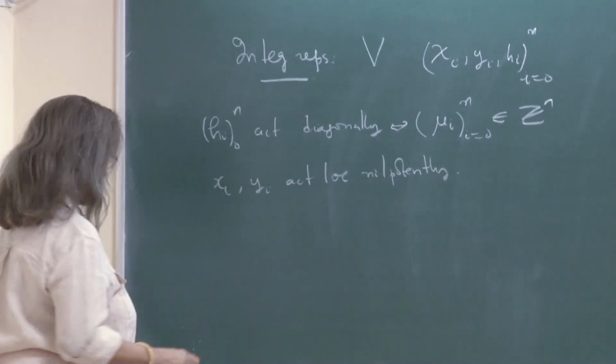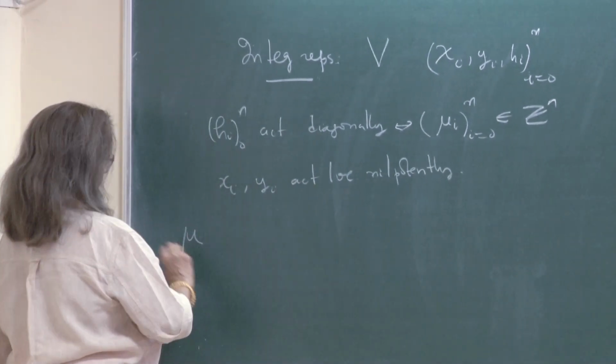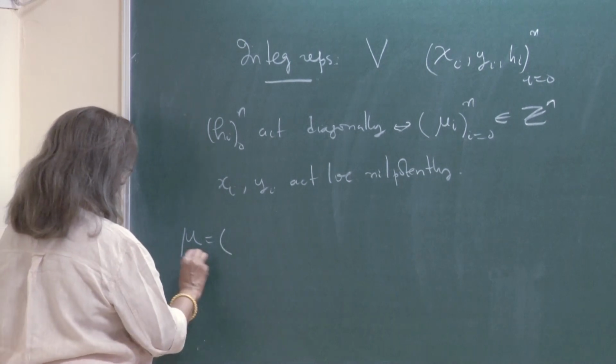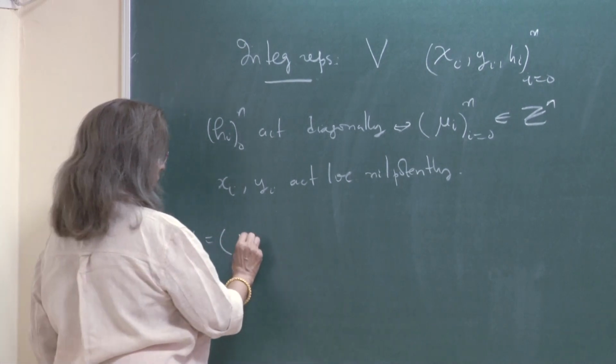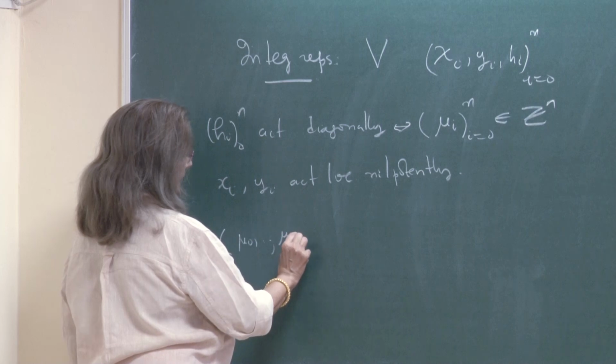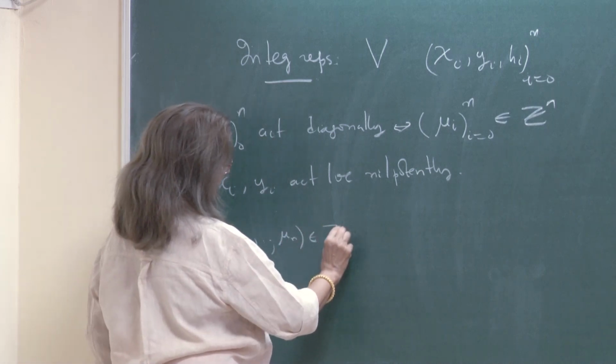And then we defined, so if you give me a mu, again, let's be careful. Let me write this as underline mu, as mu_0 up to mu_n, and these are non-negative integers.